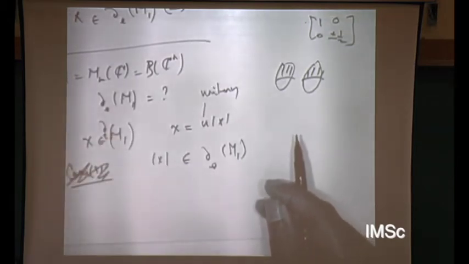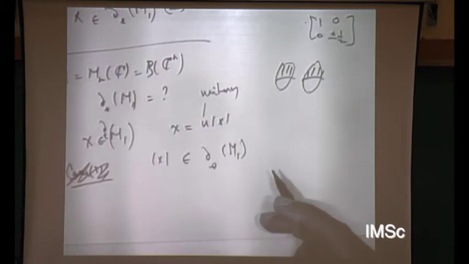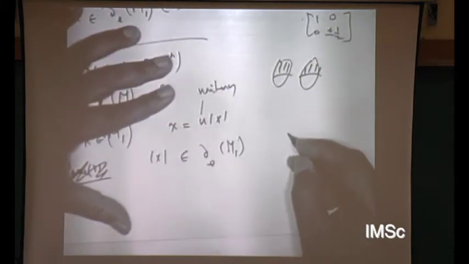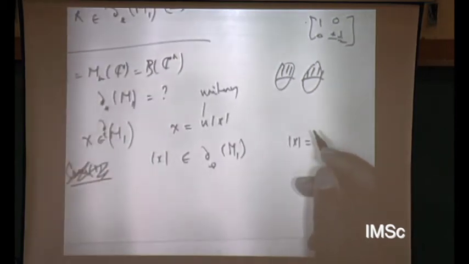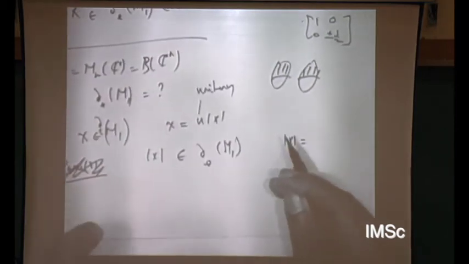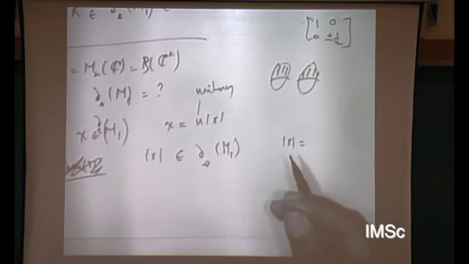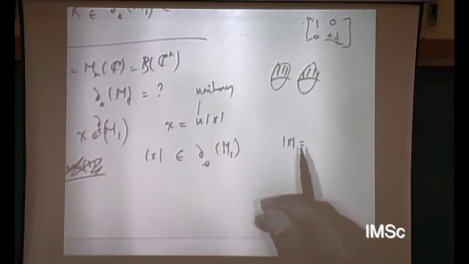Mod x can be written as a diagonal. So mod x I can assume, by a unitary, that ad u of mod x is diagonal, and ad u is an automorphism.